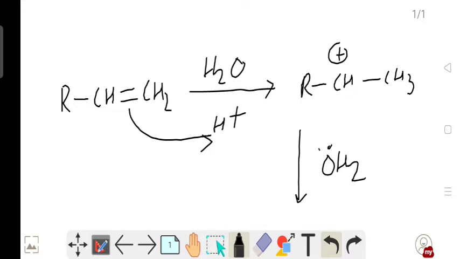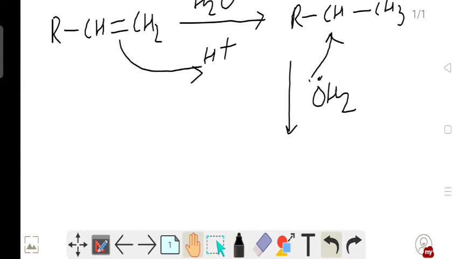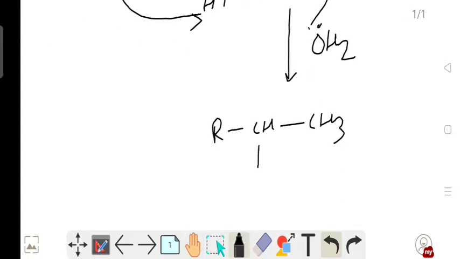It uses a lone pair and attaches to this carbon center, forming RCH CH3 with OH2, and one positive charge carried by the oxygen atom, because this oxygen used its lone pair to form the bond.